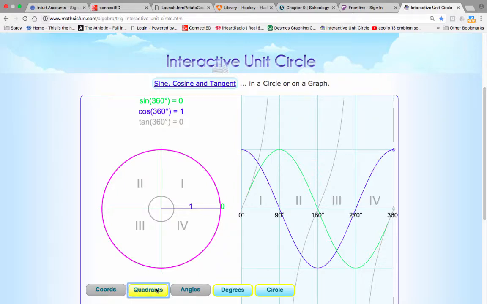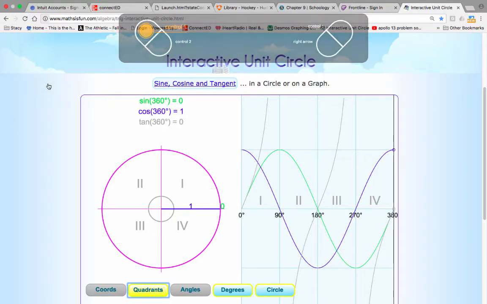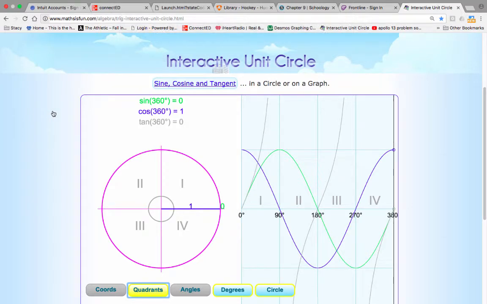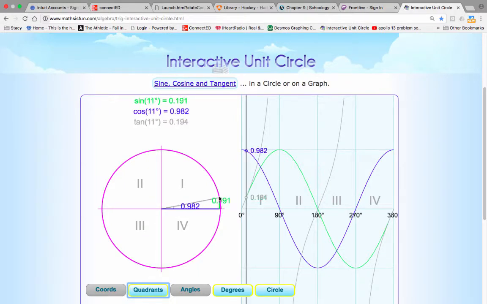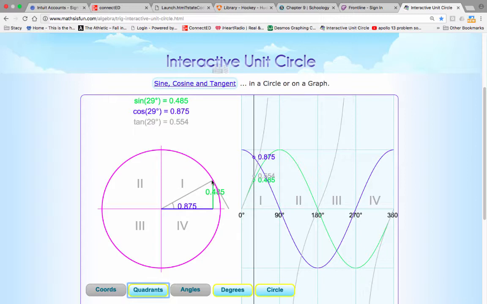So when we have our quadrants filled in, if I'm just focusing on sine, and I know that my x-coordinate is 0 here, as I move it up, we know that the sine of 30, we just did it, didn't we? Sine of 30 is a half. There it is. Continue up.